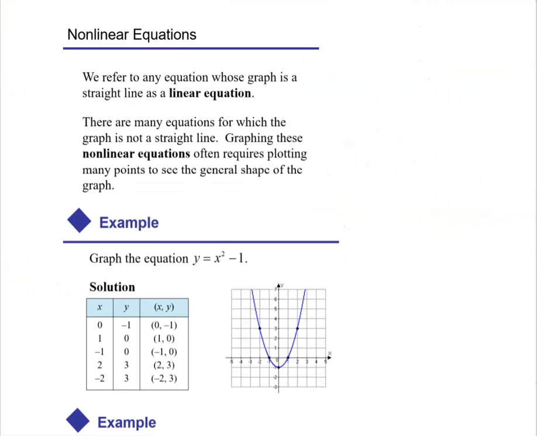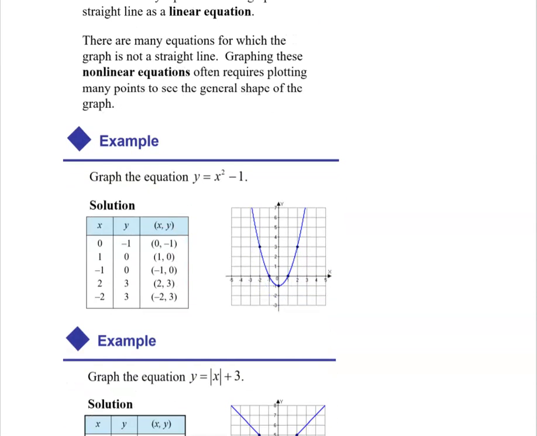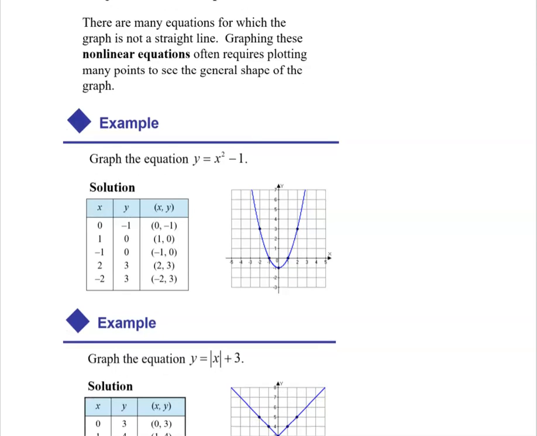So what do we do with nonlinear equations? We're going to touch on this really quick. So the ones we talked about were linear. Nonlinear do not make a straight line, and so we've got the graph right here of y equals x squared minus 1. We'll talk about this later in this class, but whenever your highest exponent is an x squared, that equation is called quadratic. And it's going to make a u. And you can look at what they've done here.